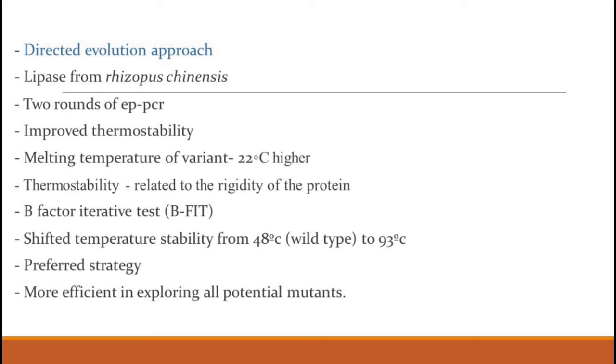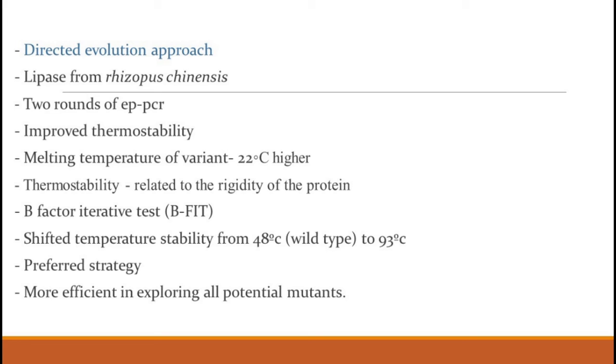Another example: the directed evolution approach was applied to the lipase of Rhizopus chinensis. The DNA for this lipase was subjected to 2 rounds of error-prone PCR, and then it was introduced in a host, and that host produced the lipase from that DNA.